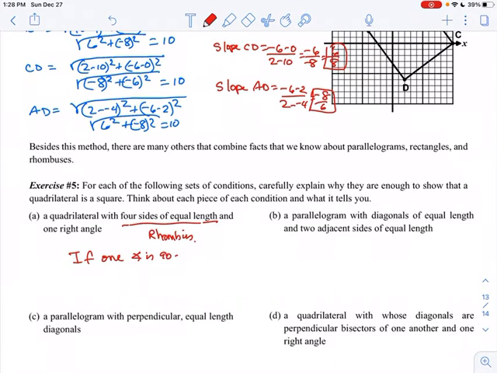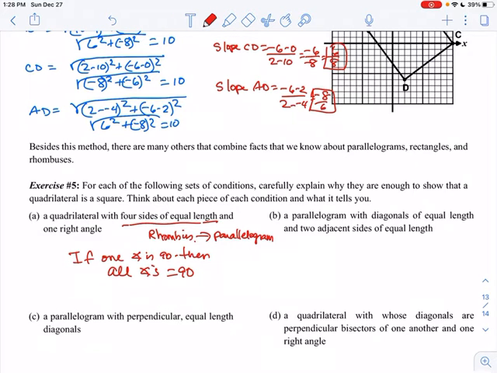So it's a rhombus because all sides are congruent, therefore it's a parallelogram because a rhombus is a parallelogram, and if one angle is 90, then all the angles are 90. That's why I said back up above, if you just did the distance formula 4 times and the slopes of 2 consecutive sides, that would be enough.